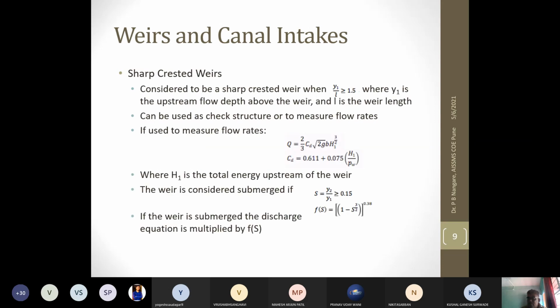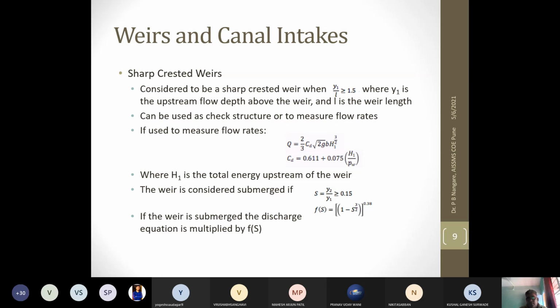Because of that you get sufficient head, and by utilizing this sufficient head you can generate more power.